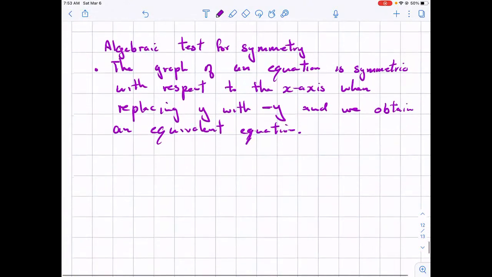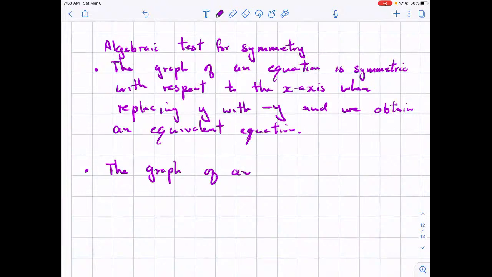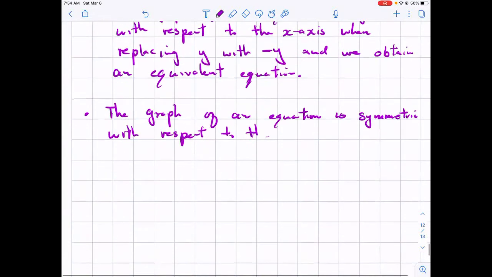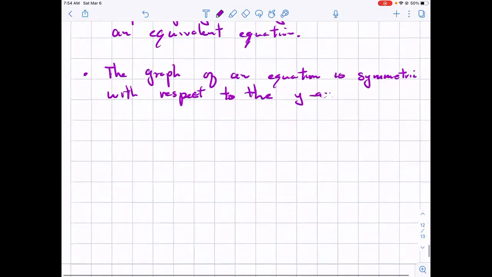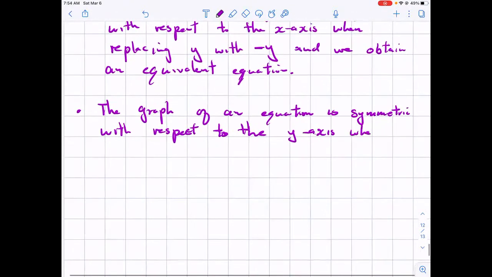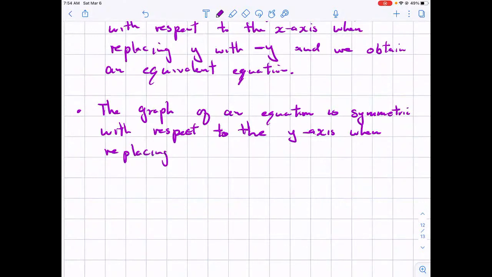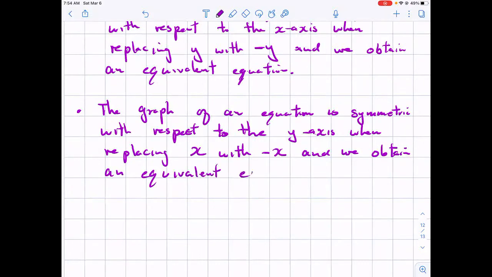Likewise, we can say the graph of an equation is symmetric with respect to the y-axis when replacing x with minus x, and we obtain an equivalent equation.